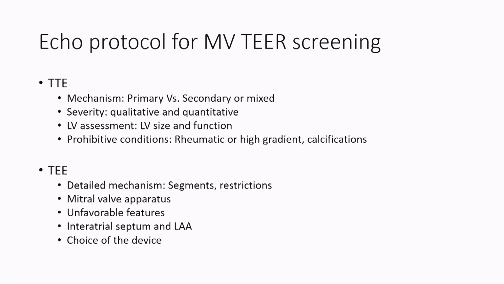The transesophageal echo is the gold standard imaging technique for those patients, where you have detailed assessment of the mechanism of the MR and the mitral valve apparatus, looking for unfavorable features. You assess the interatrial septum and the LA appendage, and then you have to decide your choice of device.